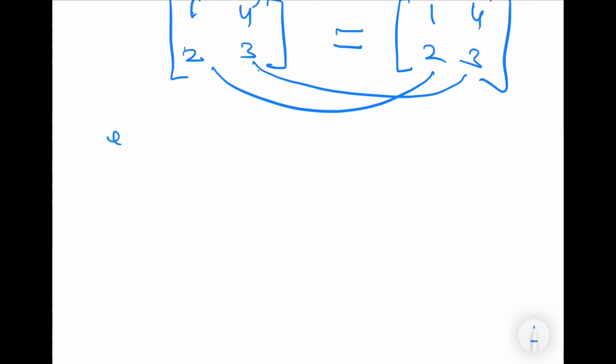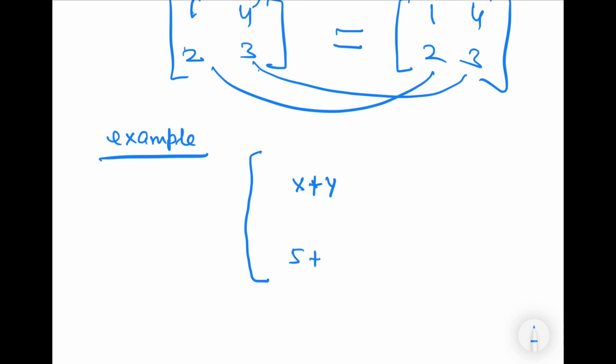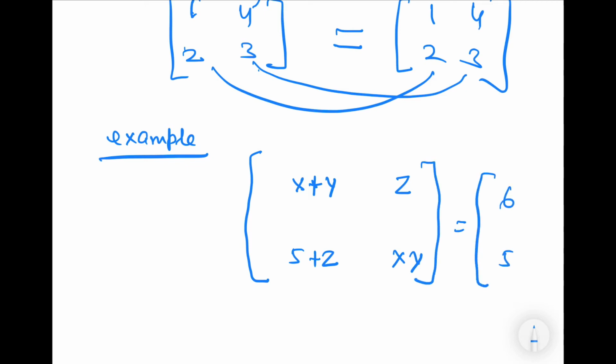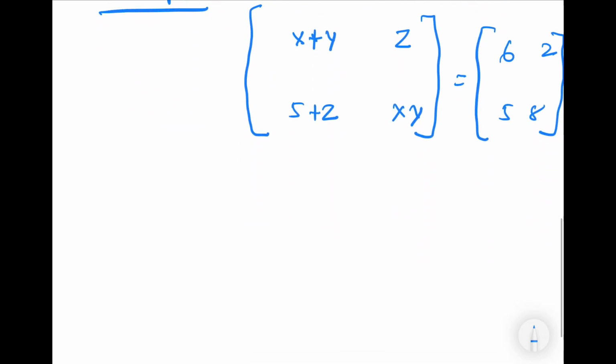Now, we take one example. Let us say that there are two matrices. One has elements x plus y, 5 plus z, then z, x y. This is equal to 6, 5, 2, 8. Then you are to calculate x, y, and z.